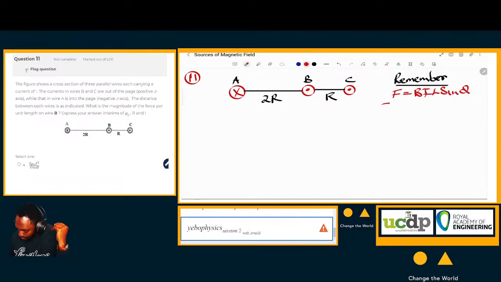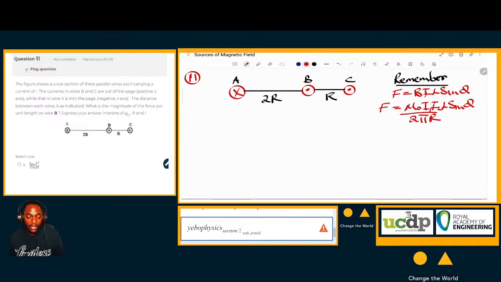And for a straight conductor, your B will be mu naught I1 I2 L sine of theta, all over 2 pi r. I'm sure you've used this equation in class, right?